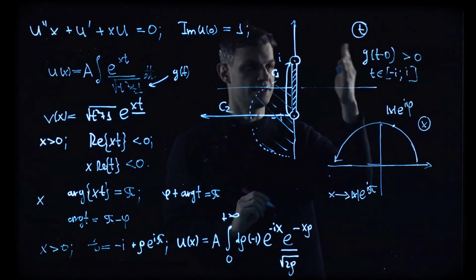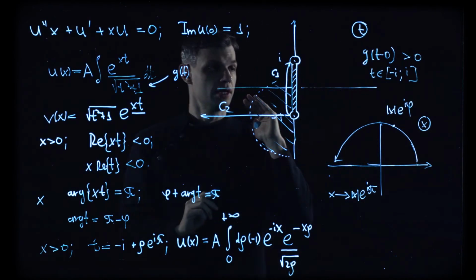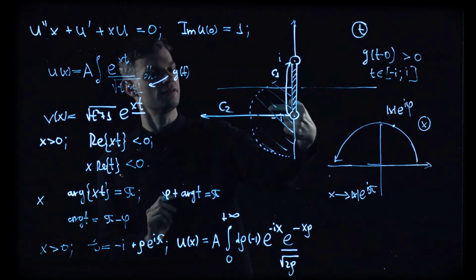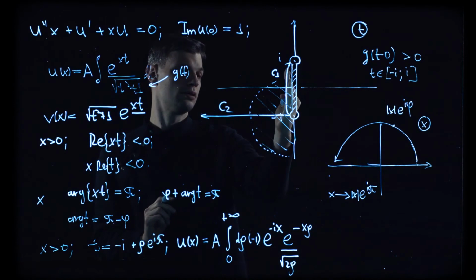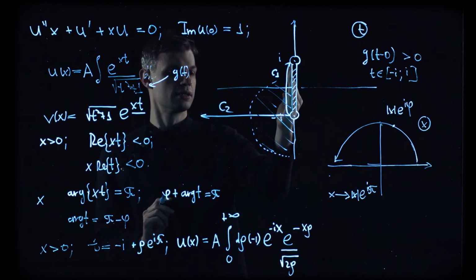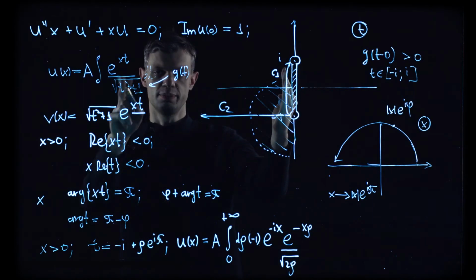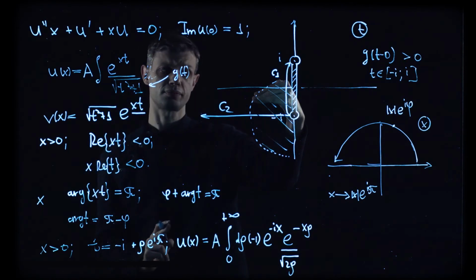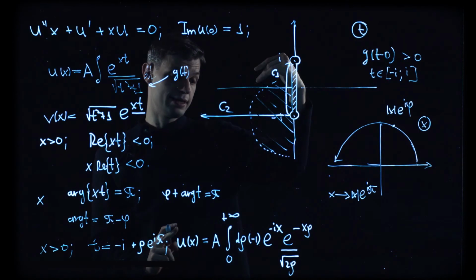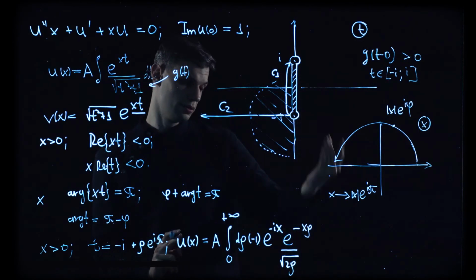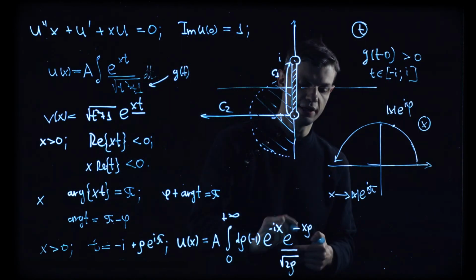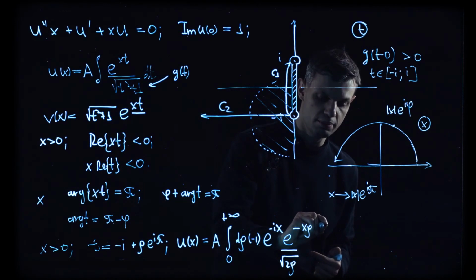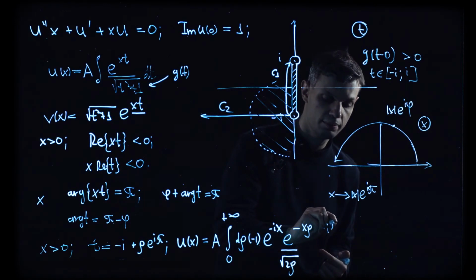So this is a fixation of the regular branch. Now we move in this direction. Our t plus i factor changed its argument by pi by 2, plus pi by 2. So the square root gives pi by 4, and we put it in the denominator, so it's going to be minus i pi by 4.